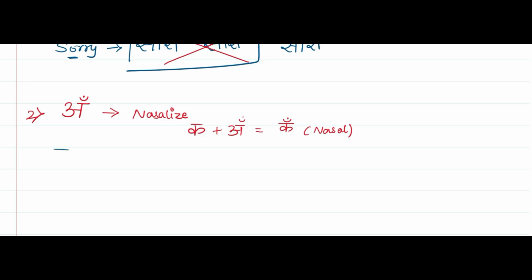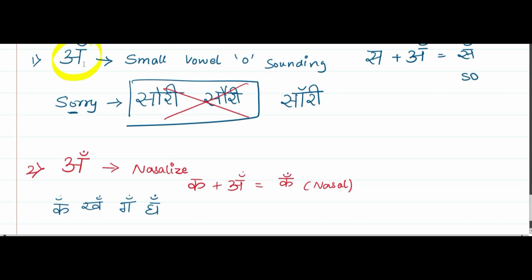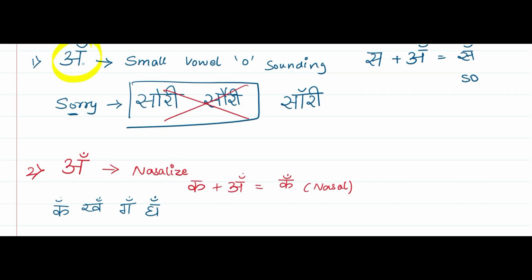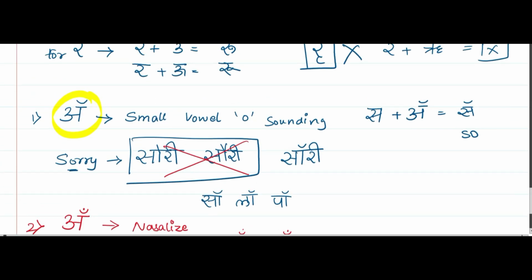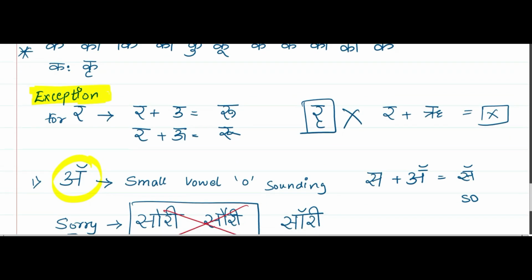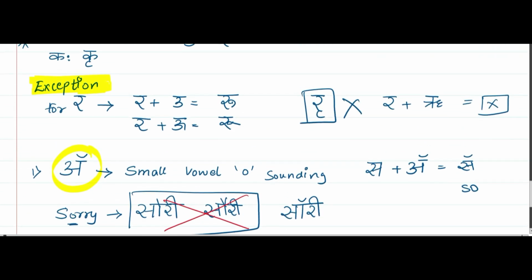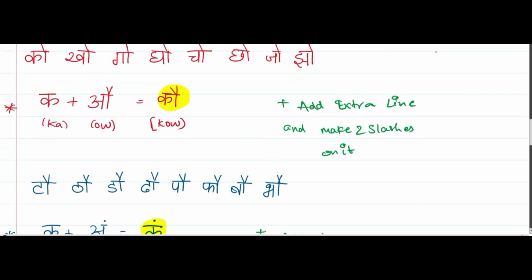So you can put it on anybody as well. Ka, ga. For example, po, lo, like lorry. Okay. So these are all the Barakhadi exceptions and two more soundings that you should know in Hindi.